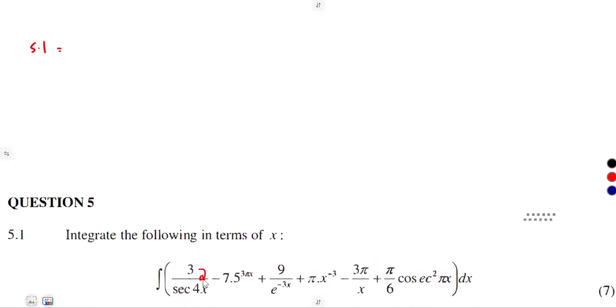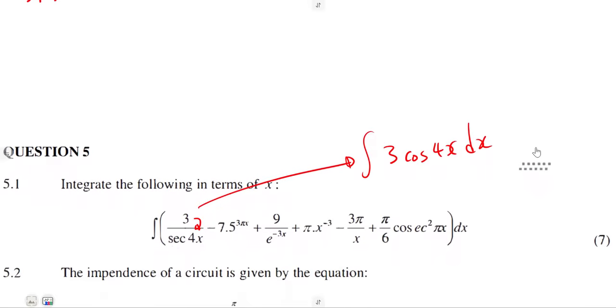3 over sec, 1 over sec, it's what? It's cos. So this one, 3 over sec was going to be 3 cos of 4x. We are just rewriting. Then let's integrate it with respect to x. Remember, the integral of a cos, it is sine.